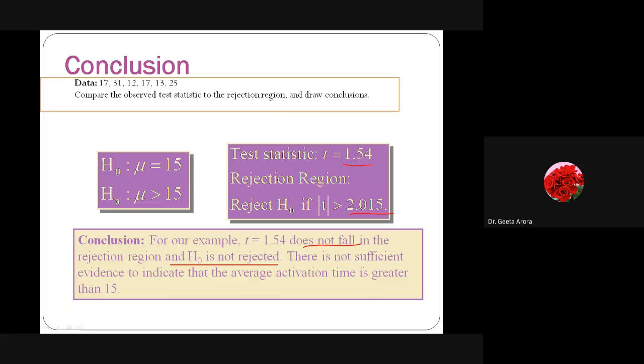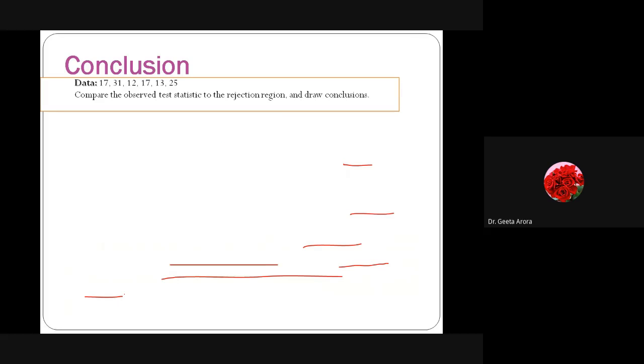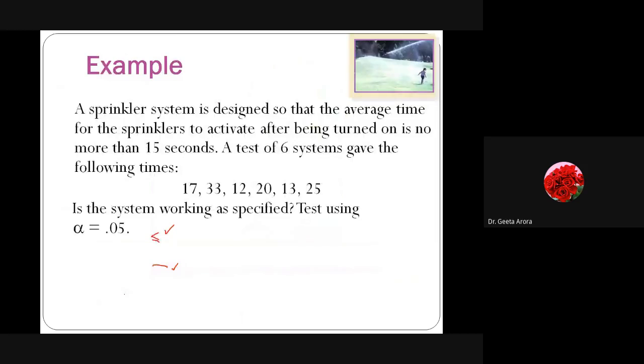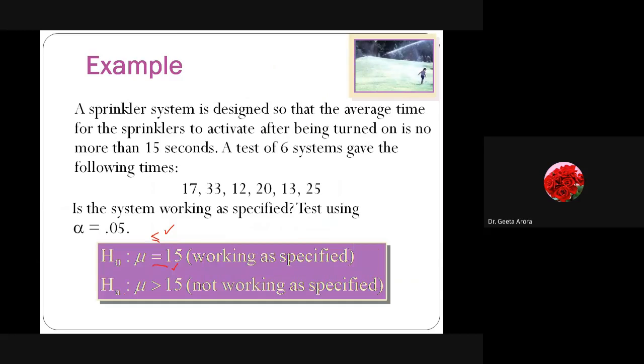It means there is not sufficient evidence to indicate that the average activation time is greater than 15. Or we can say the average activation time for the sprinkler system is no more than 15 seconds, because we started with mu equal to 15 and we are accepting it. The language of the question is that we are looking for whether the average time for the sprinkler to activate after being turned on is no more than 15 seconds.